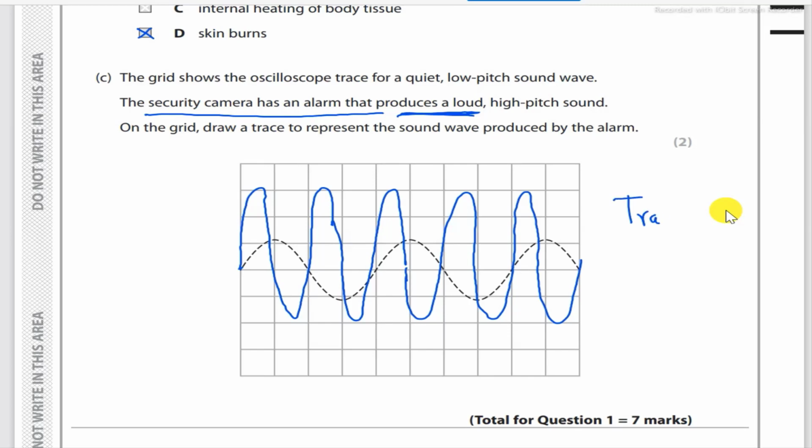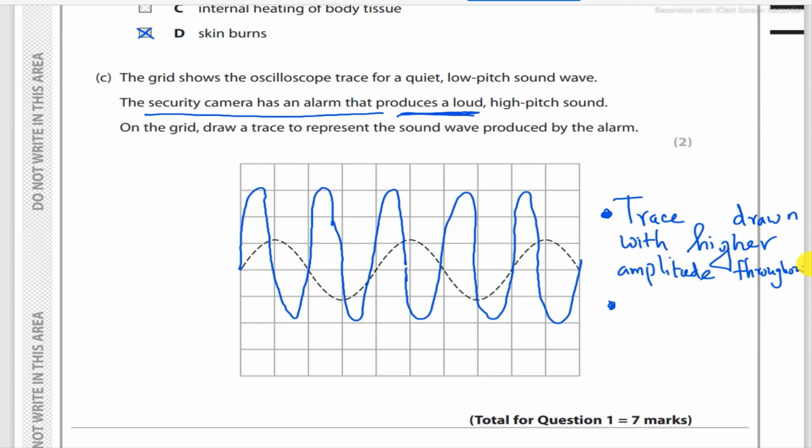So the trace is drawn with higher amplitude throughout, because it produces loud sound.